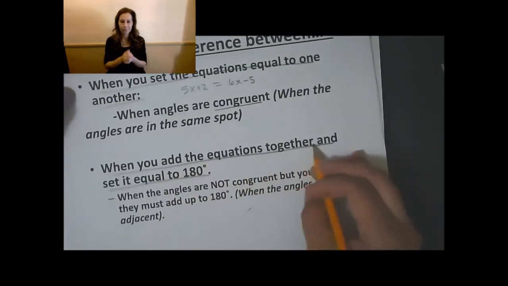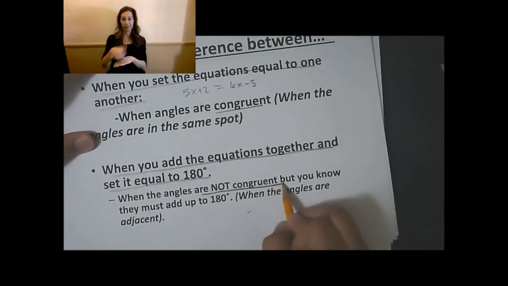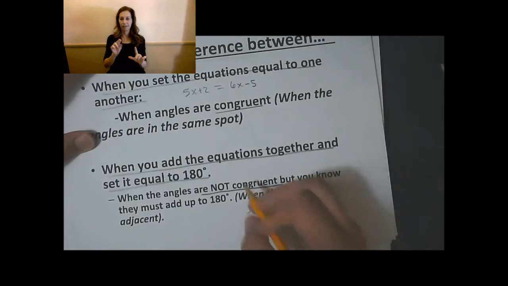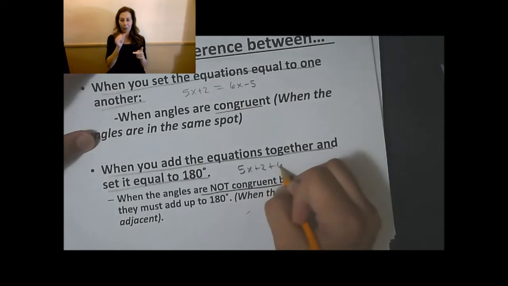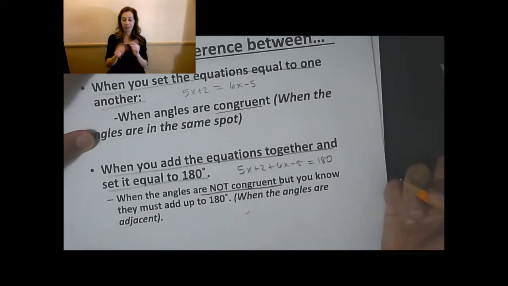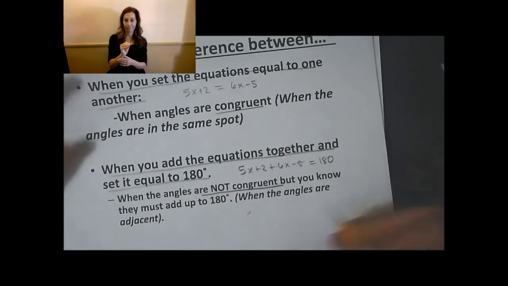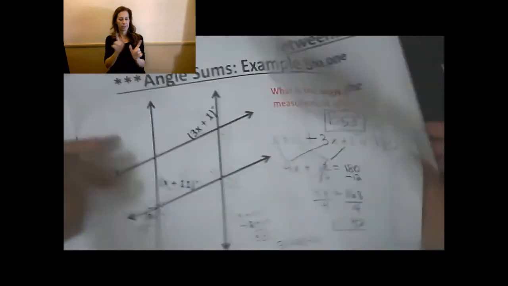When you add equations together and set it equal to 180, that's when the angles are not congruent. They don't correspond, they're not in the same position. So you would do 5x plus 2 plus 6x minus 5 equals 180. It's when the angles are adjacent, like this last one.